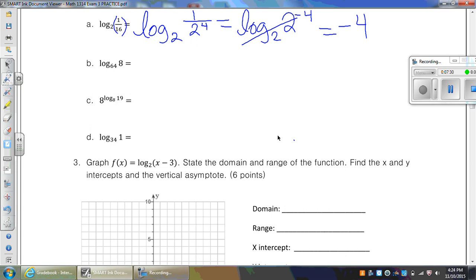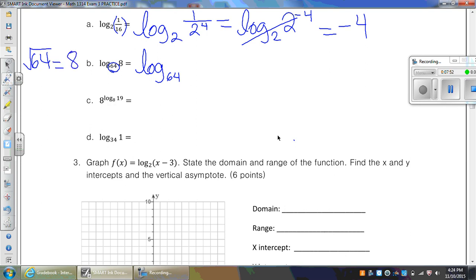The next problem, base 64. That one might be a little bit tricky, but you could do the following. You can rewrite the number 8 by using the square root of 64, because the square root of 64 is 8.